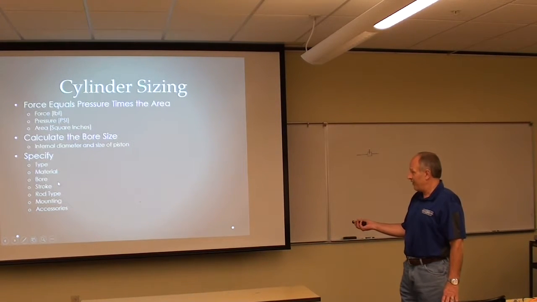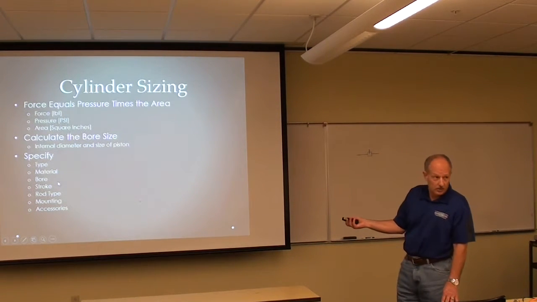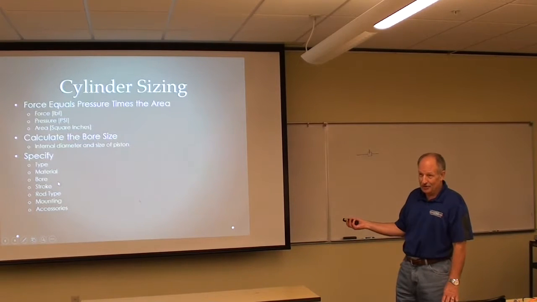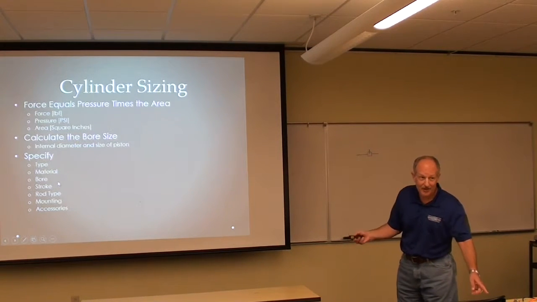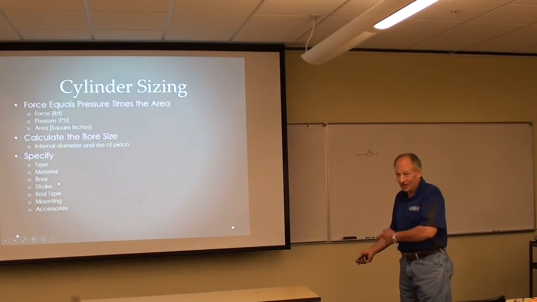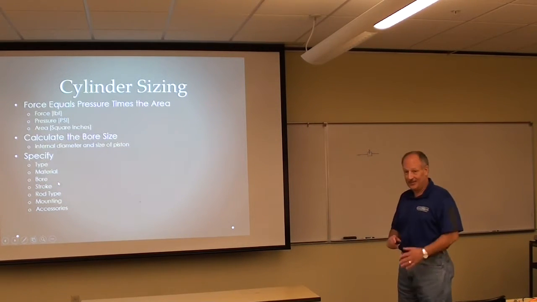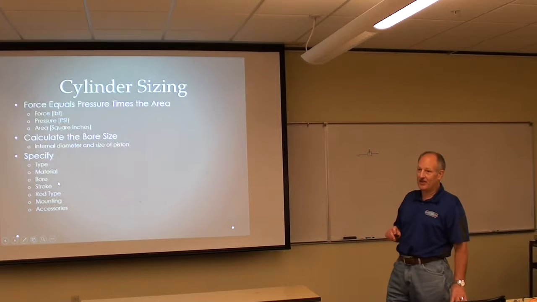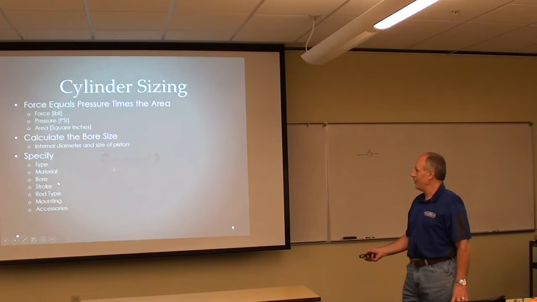Where do I specify how fast the cylinder is? You don't. It goes as fast as it goes. There's not a low-speed cylinder and a high-speed cylinder, like there's high RPM motors, high torque, low torque, none of that. It's just going to go based on your system, so you don't specify the speed.